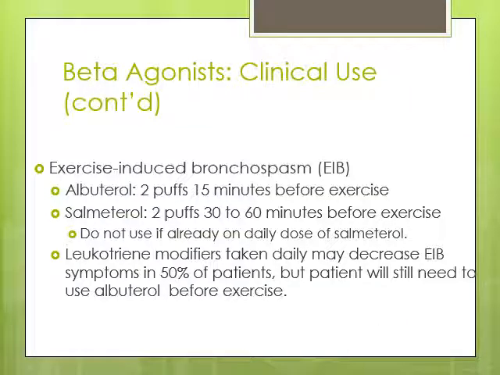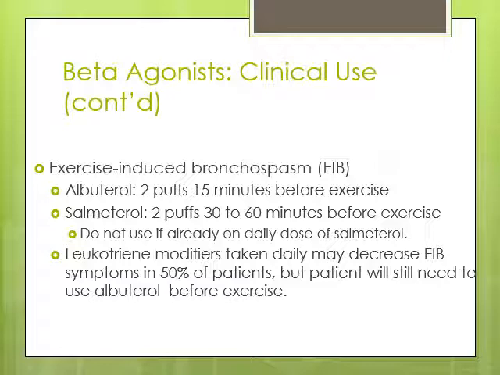Now, it's also used in exercise-induced bronchospasm, or EIB. It's used to prevent exercise-induced bronchospasm, and so the dose for the albuterol MDI to prevent exercise-induced bronchospasm is 2 puffs every 15 minutes, and that's prior to exercise. And so with patients, you have to make sure that you discuss with them it is prior to exercise because you're looking at prevention.